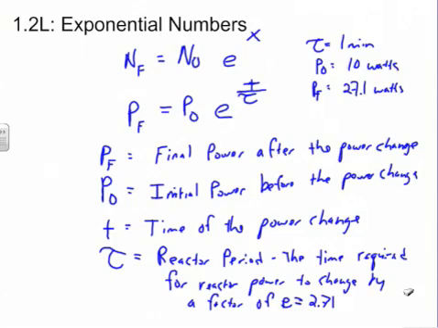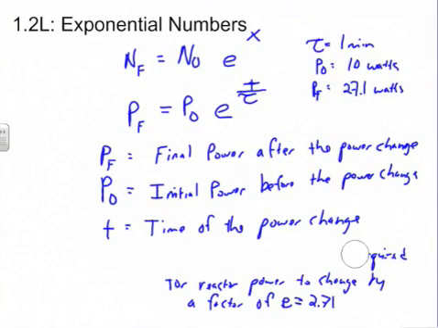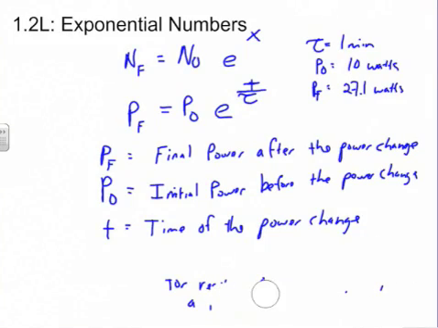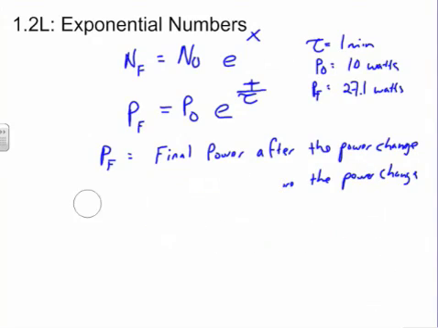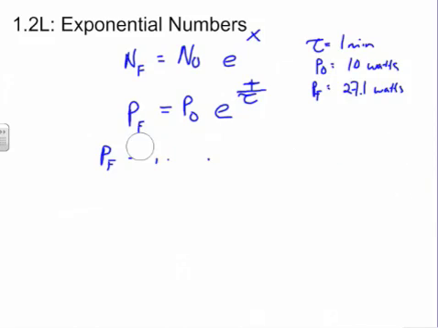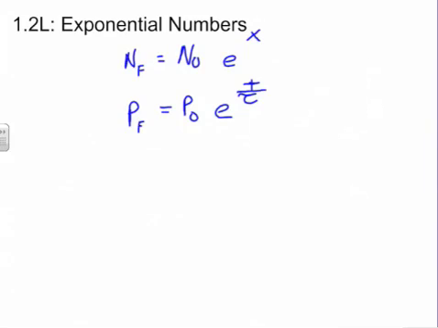All right, so now we're ready to do a little more complex problem where we do need to use the math. In this first exponential problem, let's say we have a reactor that starts out at an initial power of 150 kilowatts.